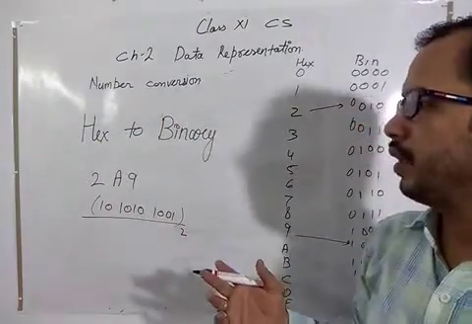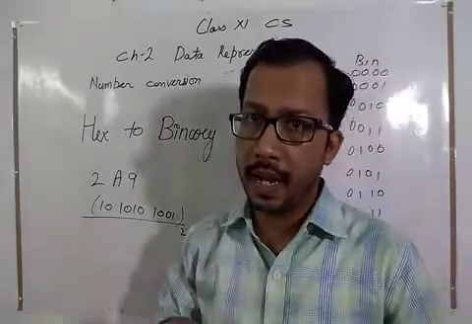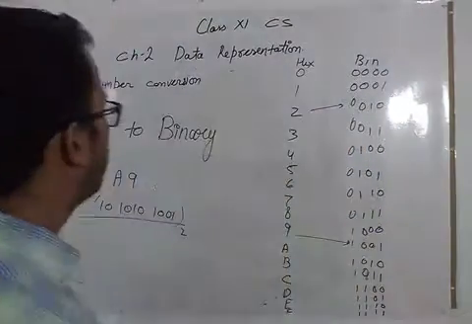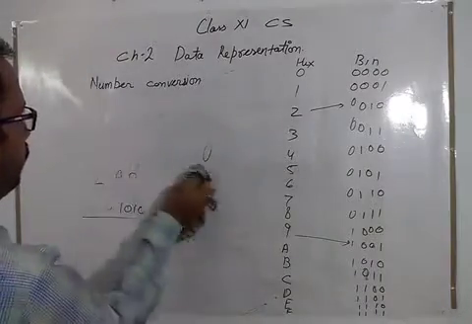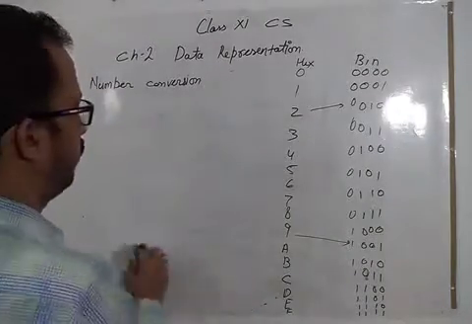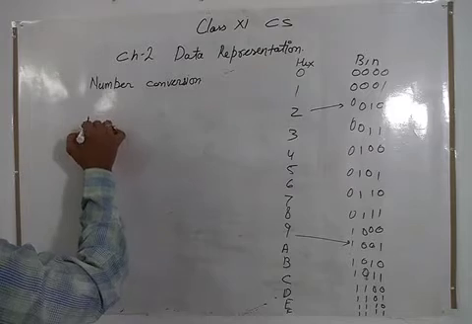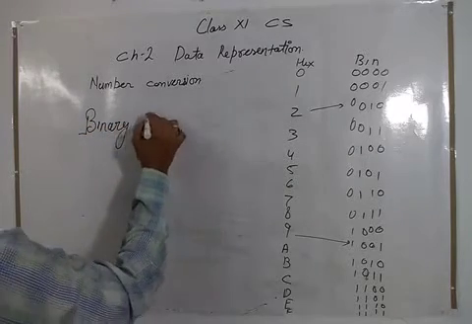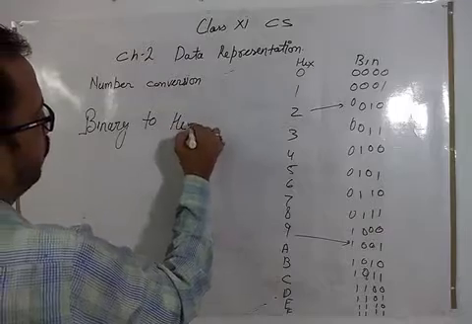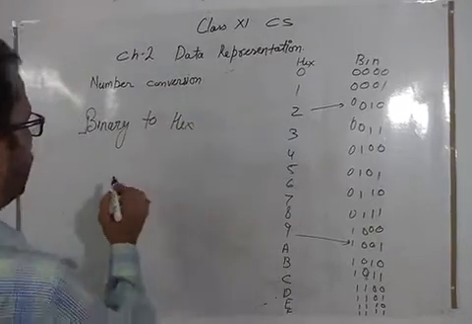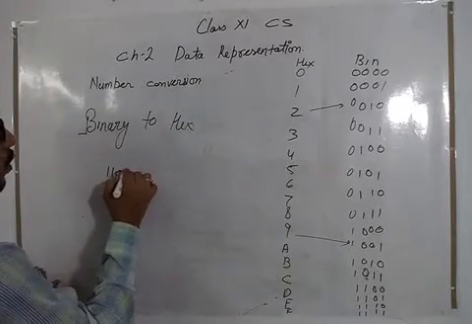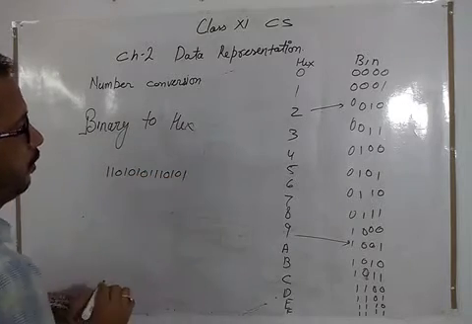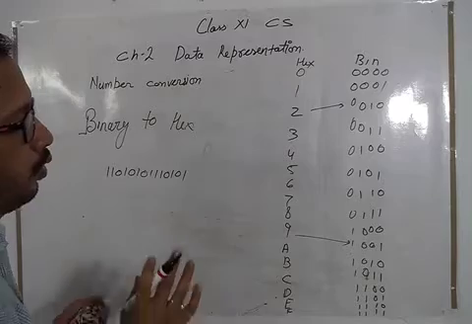Similarly, if a number is given in binary and we want its hexadecimal equivalent, that is binary to hexadecimal. Suppose we have the binary 11010101110101.